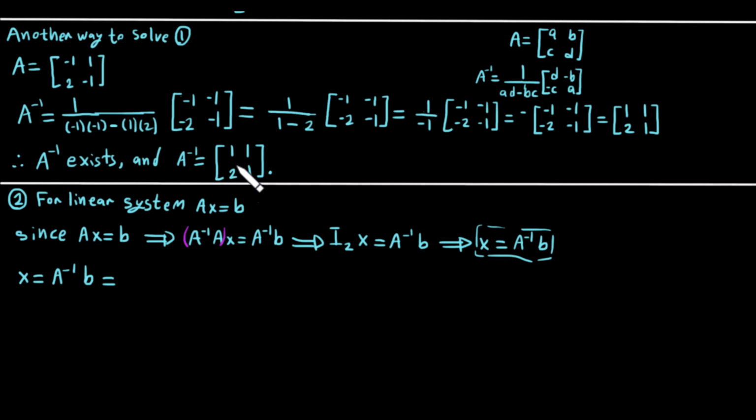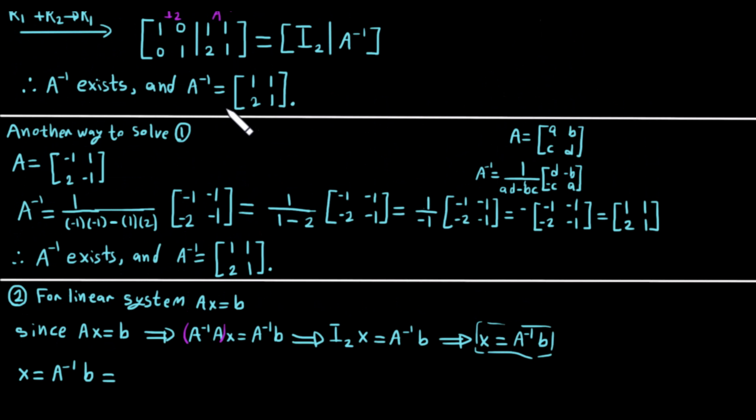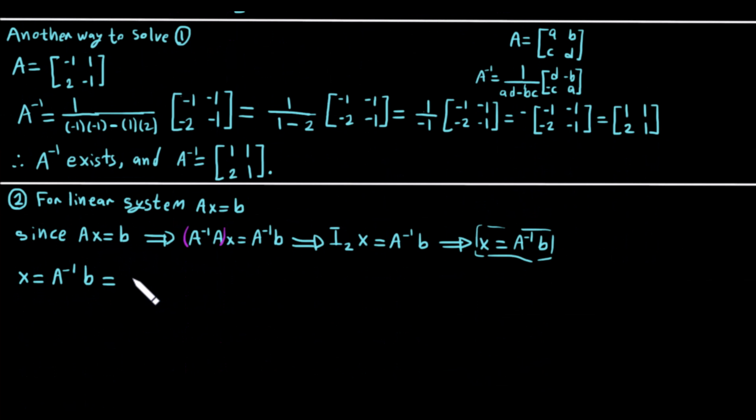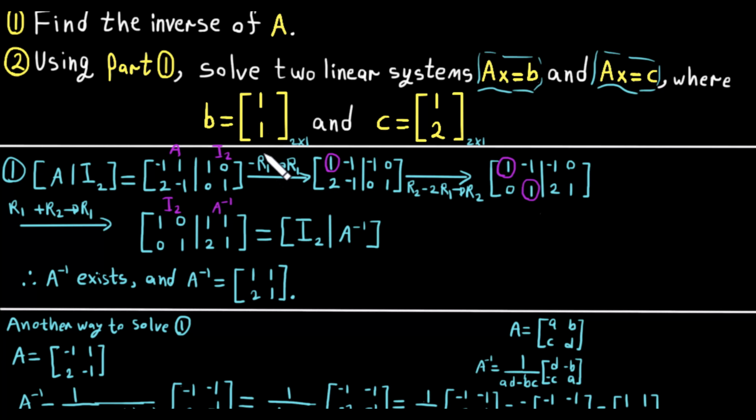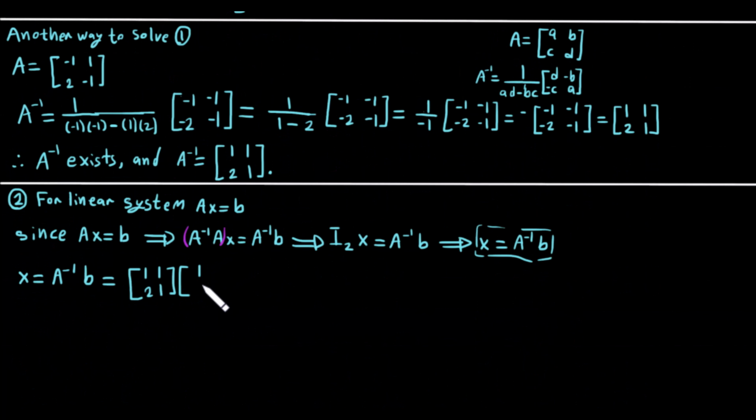A inverse, which is here, or if you want to take it from here, the same thing. 1, 1, 2, 1 multiplied by B. Where is B? 1, 1, 1, 1. 1 multiplied by 1, which is 1, plus 1 multiplied by 1, which is 1.